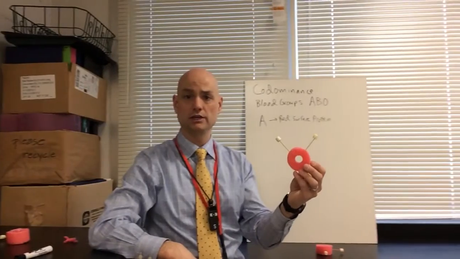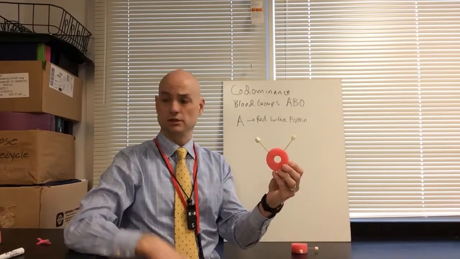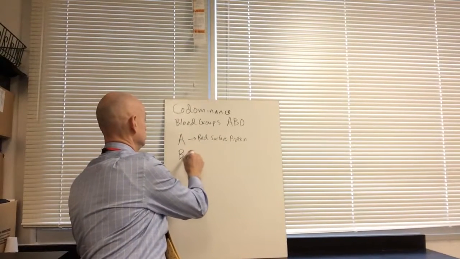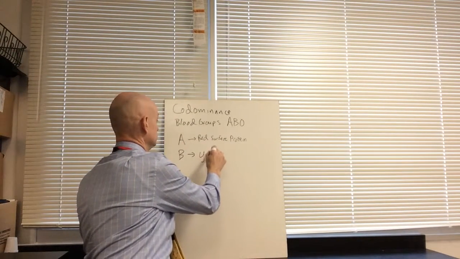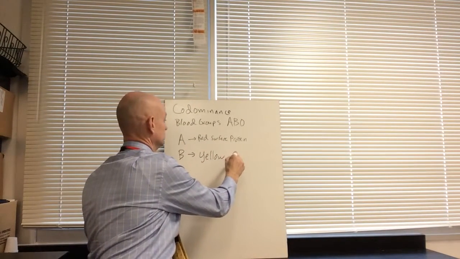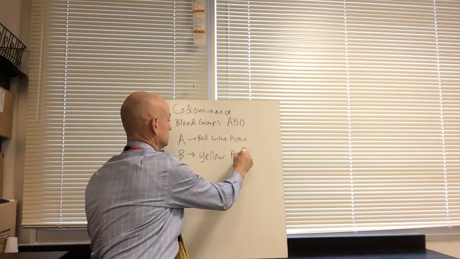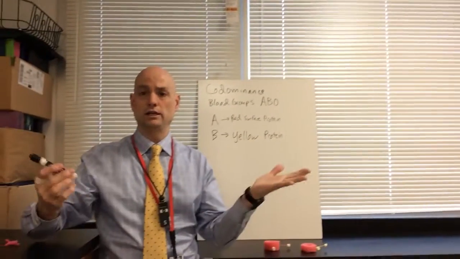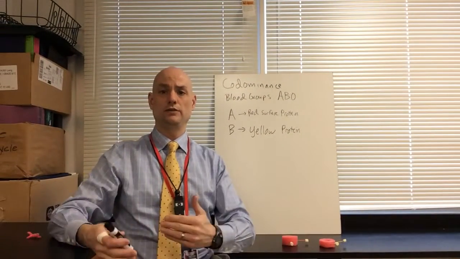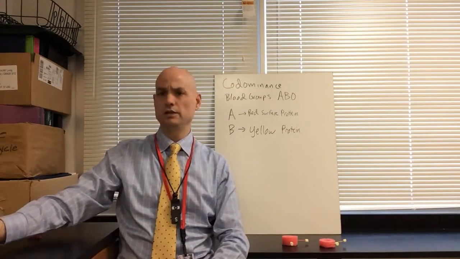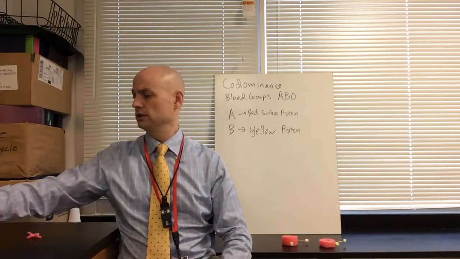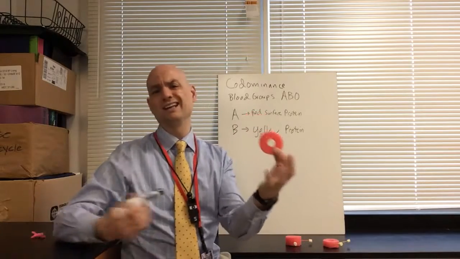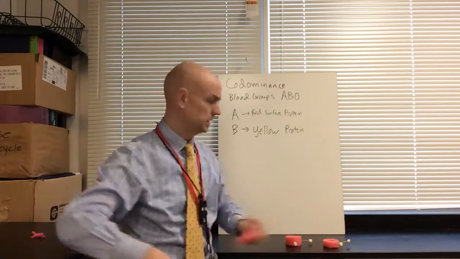Type B is kind of a yellow protein. And then what if you have type O? Type O is a lack of a surface protein, so it just looks like this. So O is kind of like 0, if you will.